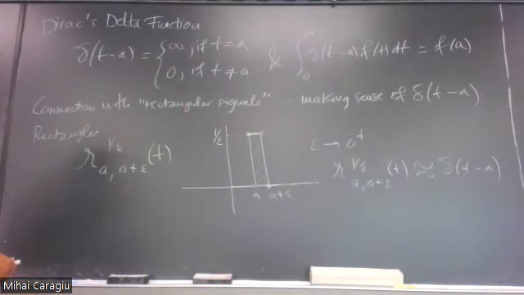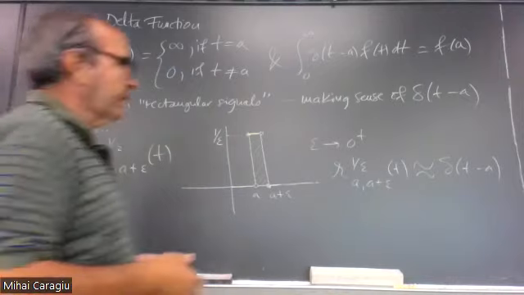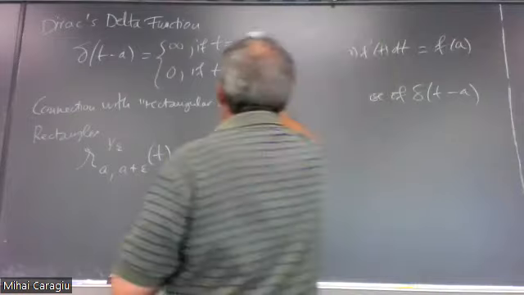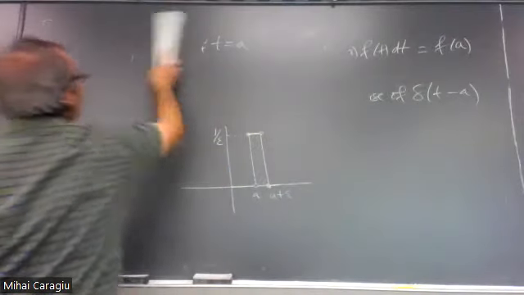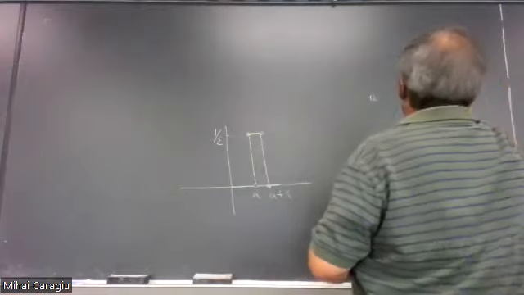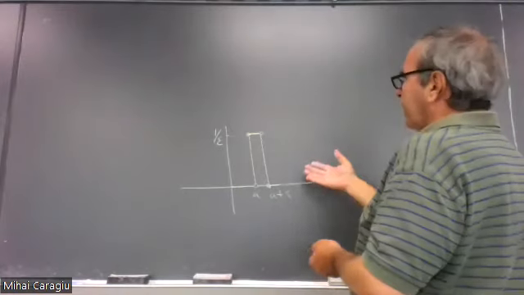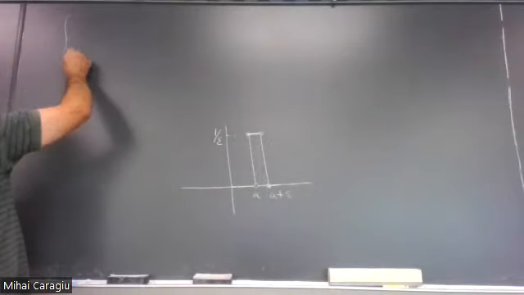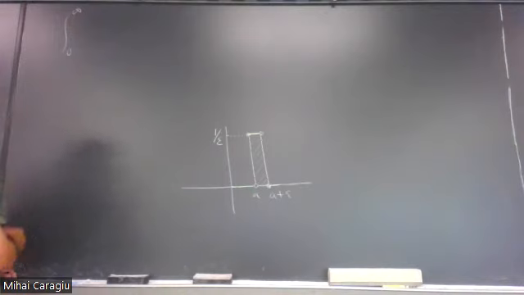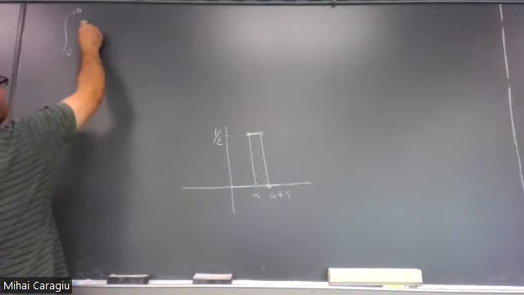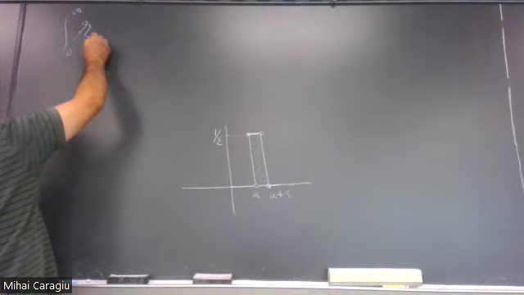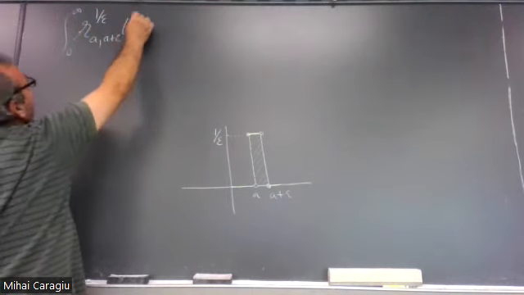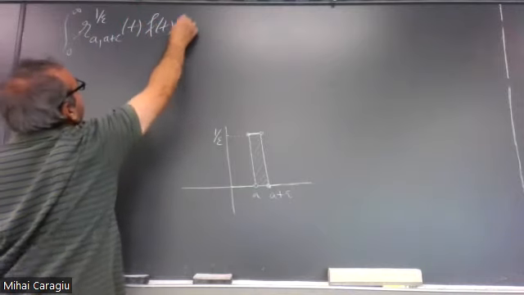Okay, so let's try to prove this. Let's keep this rectangle here for a while and try to use this rectangle against a test function. So what will be the integral from 0 to infinity of the product of the rectangular signal between a and a plus epsilon with height 1 over epsilon, and the test function f of t dt?